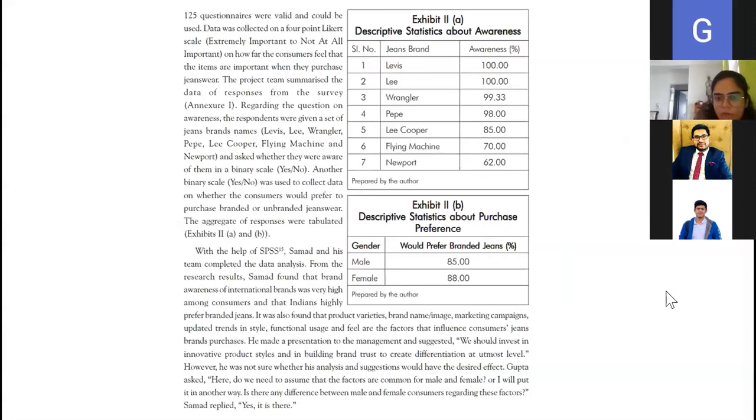So we have already solved this part. Samarth found brand awareness and these factors: product varieties, brand name, marketing campaigns, updated trends, functional usage. Remember this. How did these factors come? We had some parameters and we ran factor analysis.